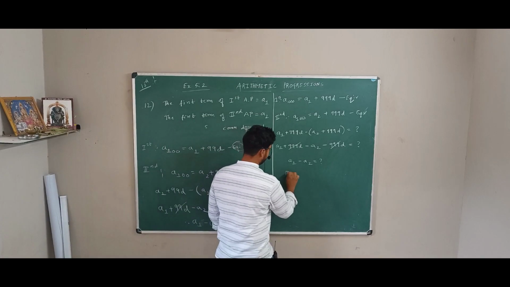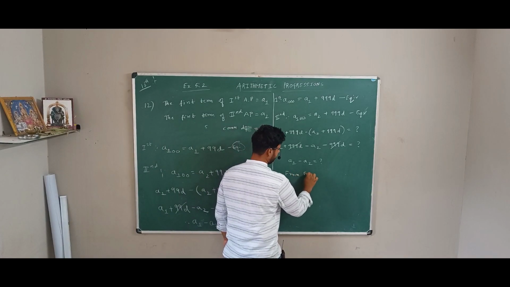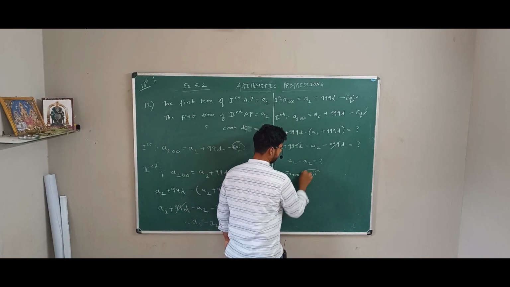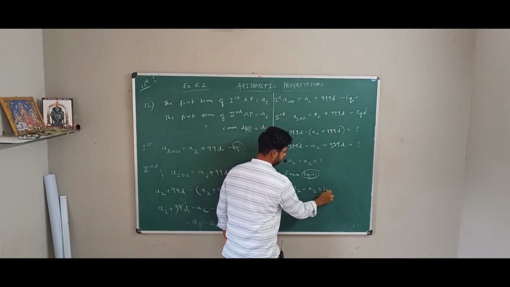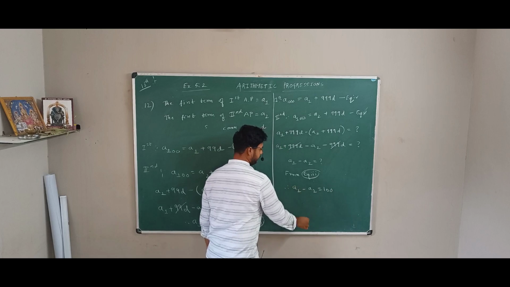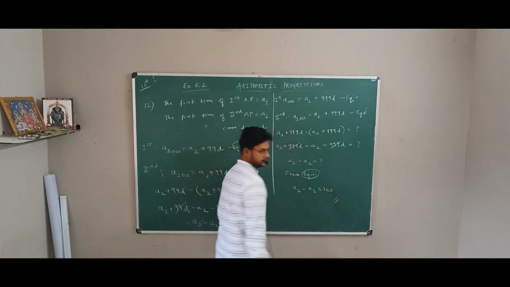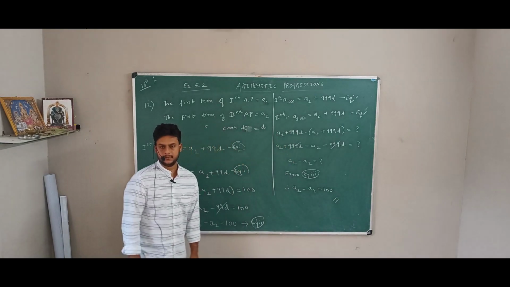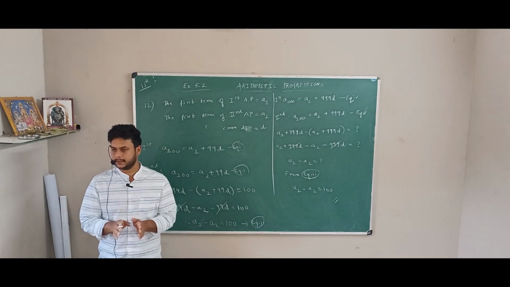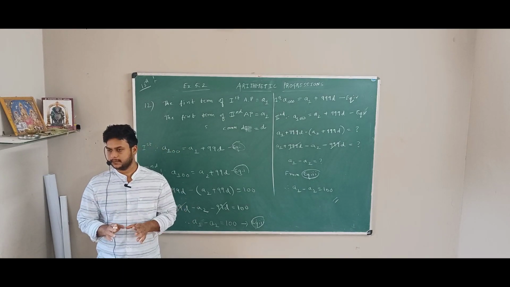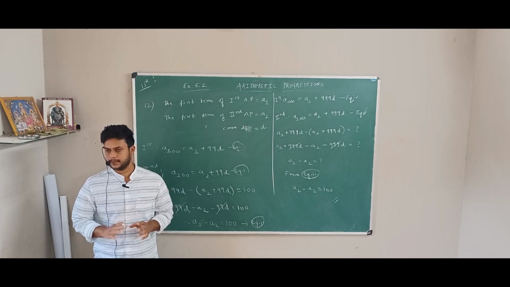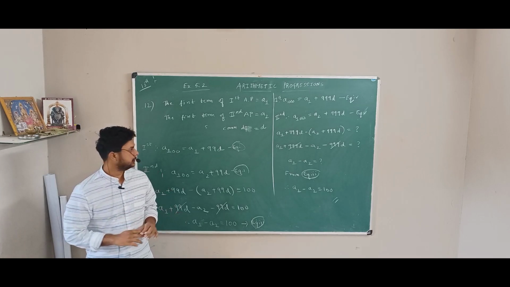From equation 3, A1 minus A2 is equal to 100. Easy? Getting or no? Once you understand the pattern, it is very easy to do that, sir. Understanding the pattern and practicing that is important. Okay, right.